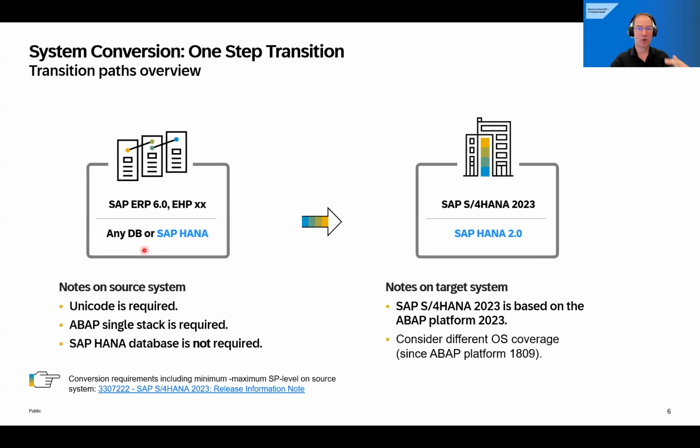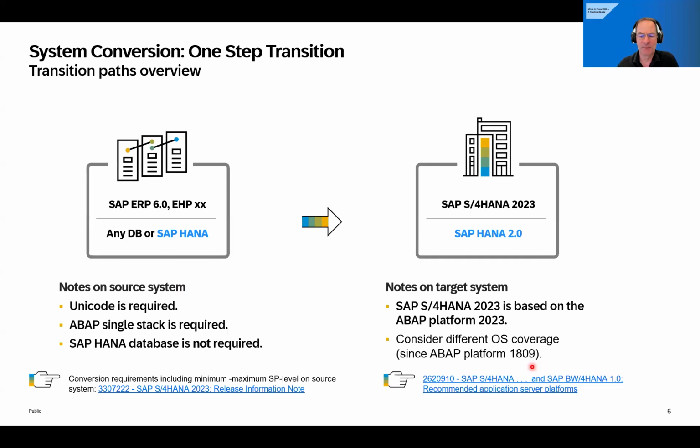SAP NetWeaver is more than the ABAP stack, of course. SAP S/4HANA is based on ABAP, but not on SAP NetWeaver. It's based on what we call the ABAP platform. And concerning operating systems, compared to the old world of the business suite, there is a change in the coverage of the operating systems. That's the case since quite some years, as you can imagine, based on the name of our platform, 1809.